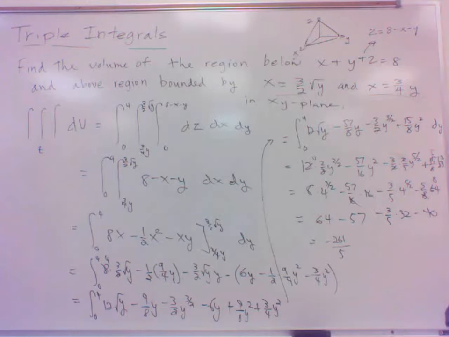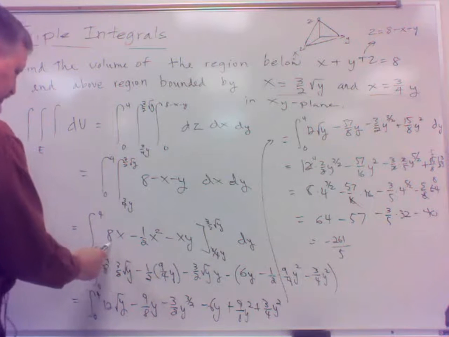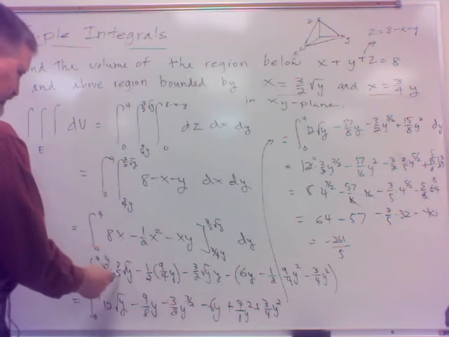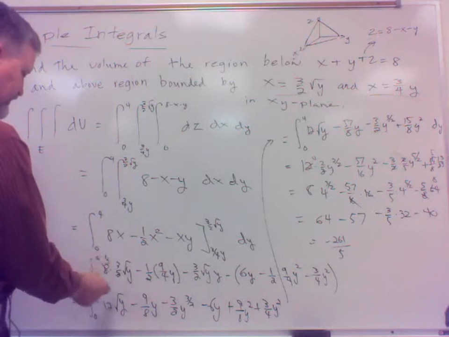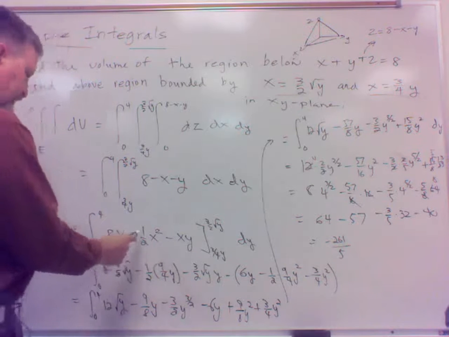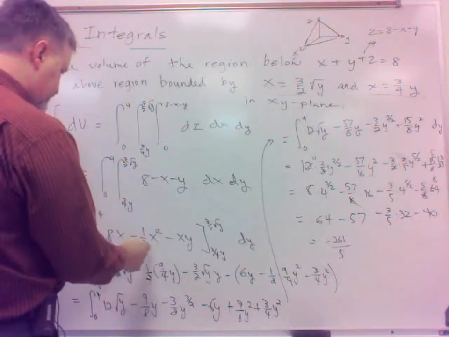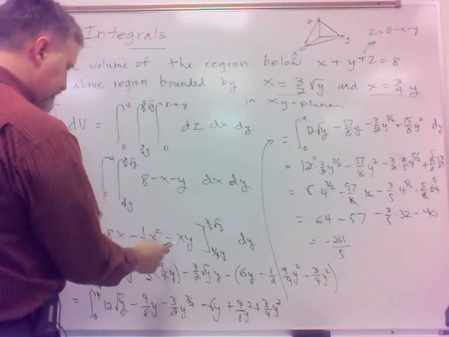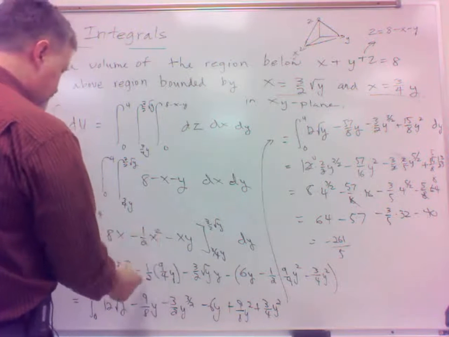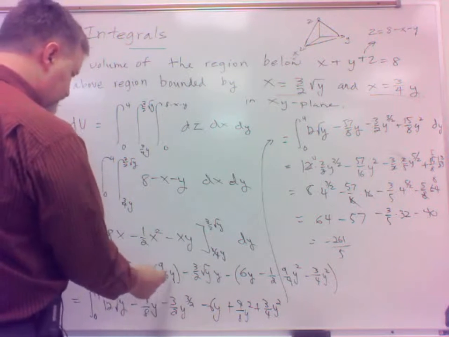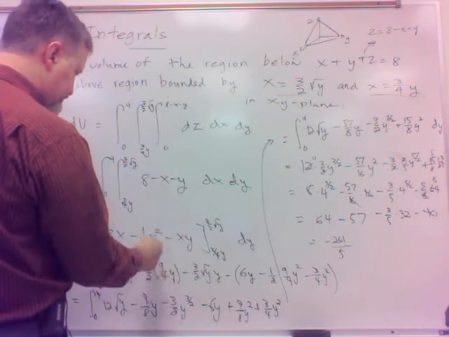All right. See if I can figure it out real quick here. I didn't write any of my steps down. So 8 times 3/2 square root of y, that's right. So that's 12 square root of y, that's right. And then 1/2 x squared, that's right. 6y, right, okay. So that'd be 1/2 times 9/4 y, that's right, because I'm squaring it.